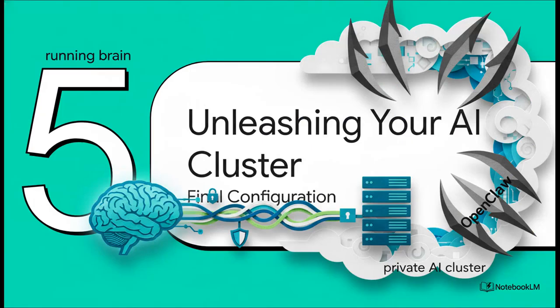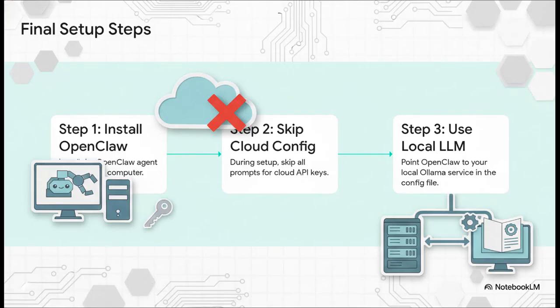All right, the brain is running, the secure connection is locked in, we are in the home stretch now. We're ready for the final step, configuring OpenClaw itself and finally unleashing our brand new private AI cluster. And this final part is honestly a breeze. You just install OpenClaw on the user's computer. And this is the key part. When it starts asking you for all those cloud API keys, you just skip right past all of that.